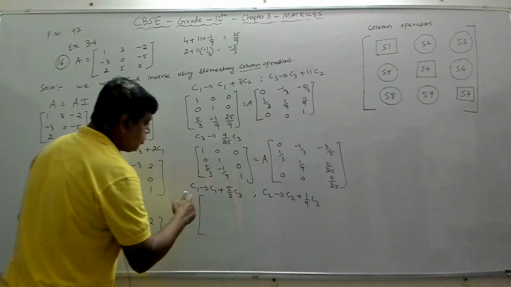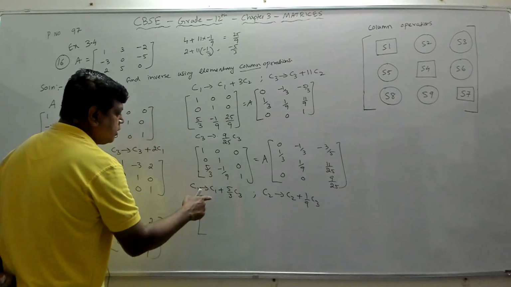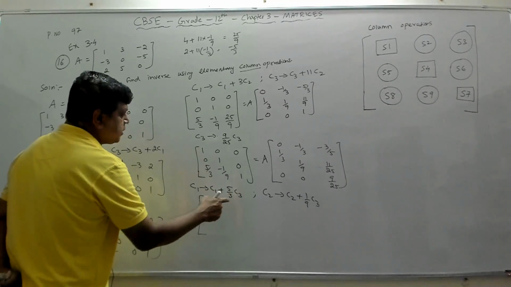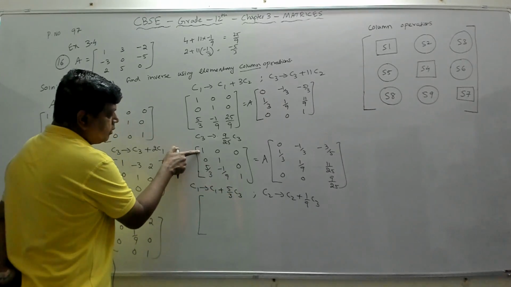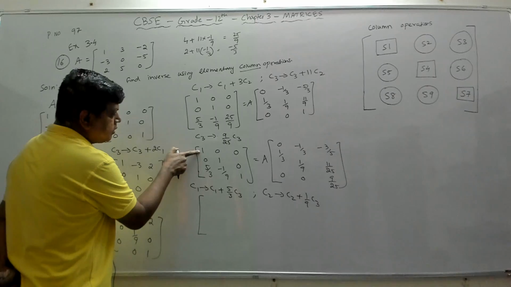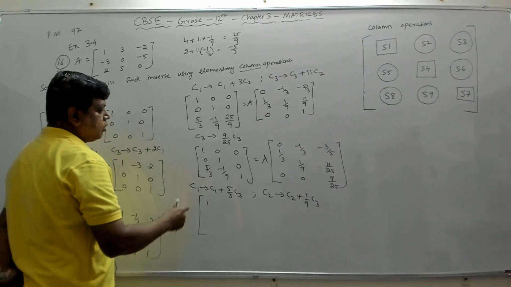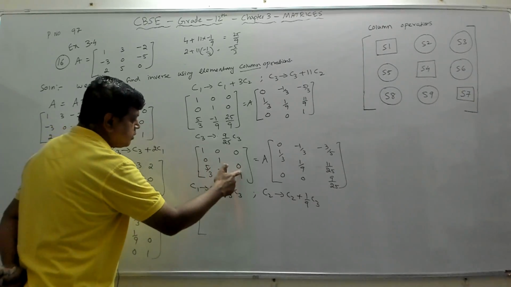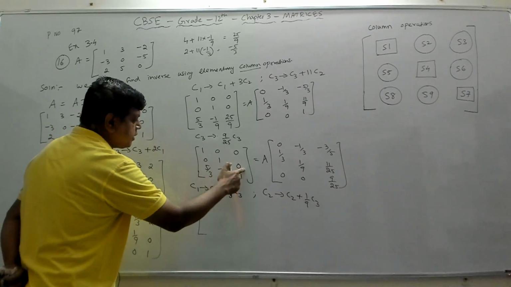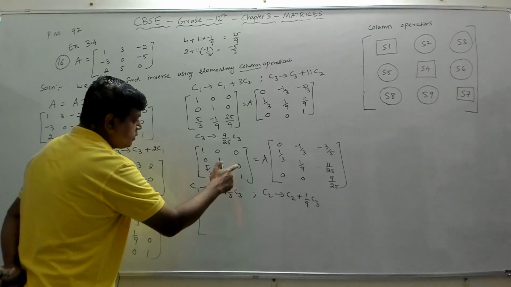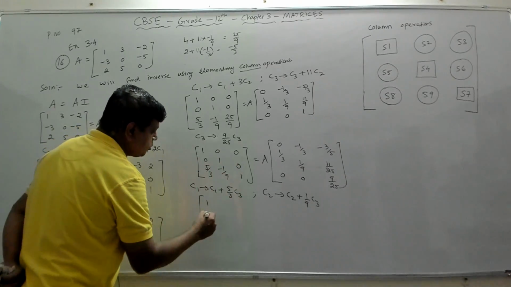So if you do this, C1 and C2 are getting changed. C1 plus 5 by 3 of C3. Now 1 plus 5 by 3 of 0 is 1. Now 0 plus 5 by 3 of 0. This is C1, this is C3. C1 is 0, C3 is 0. So 0 plus 5 by 3 of 0 is 0.